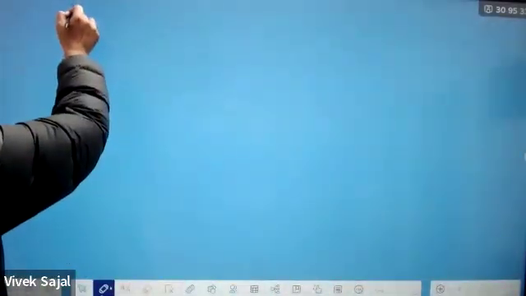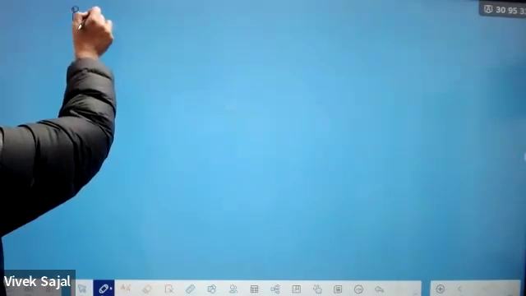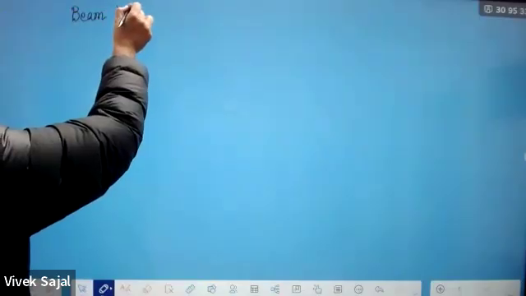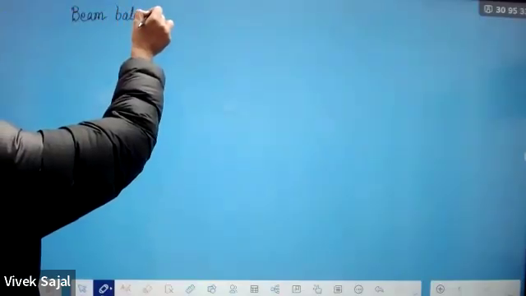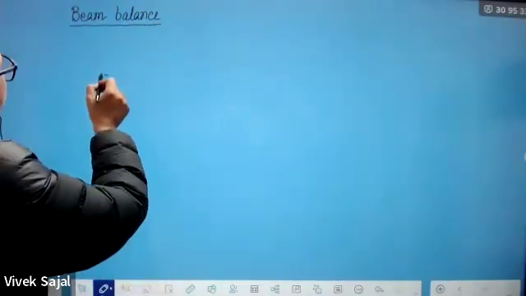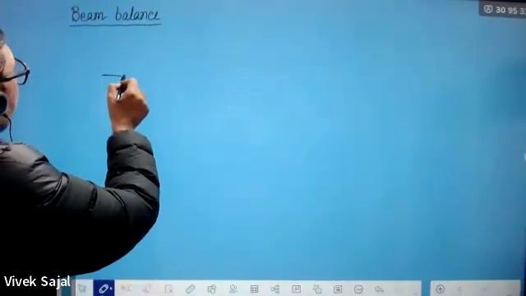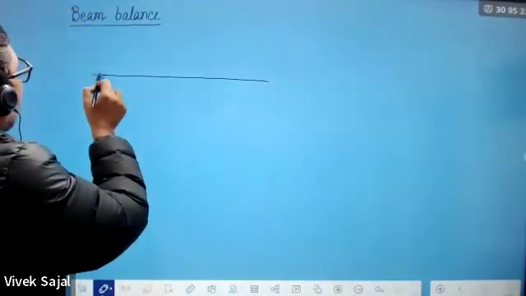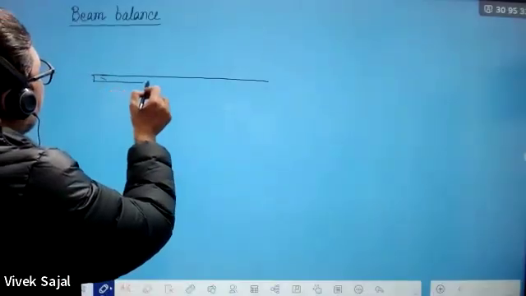Next is beam balance. Beam balance. ठीक है. So if you are having a beam like this, this is a beam and it is pivoted.